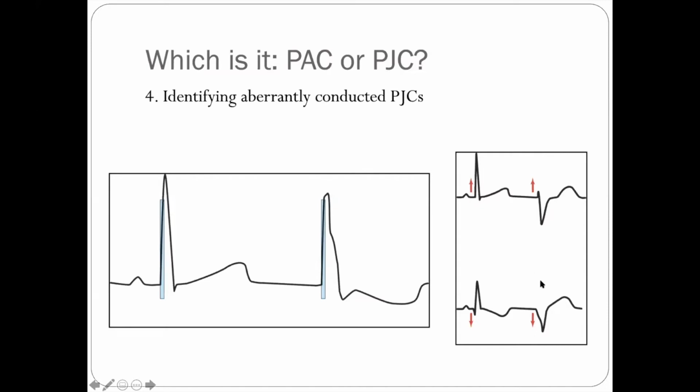And then looking in another lead, you see that the normal QRS started with a small Q wave, and you see that the aberrant conducted PJC also starts as an initial Q wave and ends up being a QS wave altogether. So because this is in multiple leads with the direction of the PJC happening in the same initial direction as the QRS complex preceding it, you would say that this aberrantly conducted PJC is in fact a PJC and not a PVC.